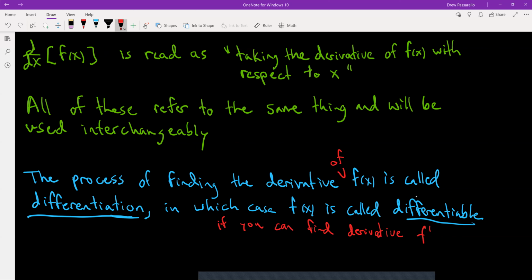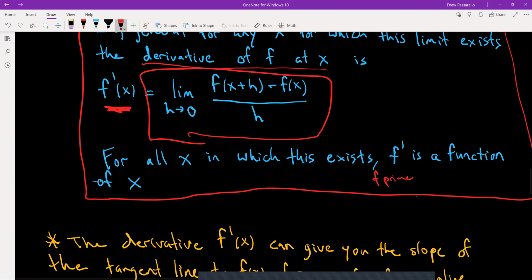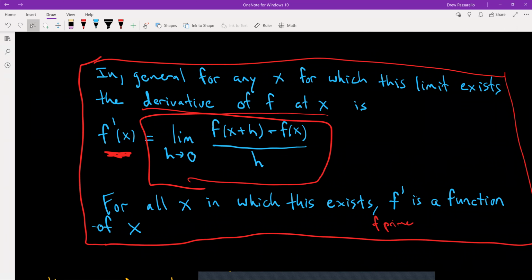And again, f prime of x is probably the one I'll use most of the time, along with y prime. So the process that we're going to be doing is called differentiation. And if the function has a derivative, then you say f of x, the function itself, is differentiable. The differentiation process is going to be applying this limit.